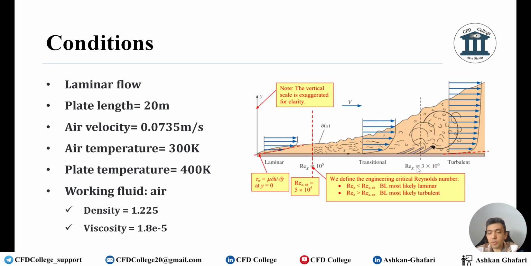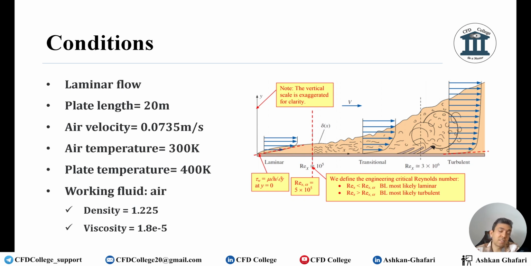If the Reynolds number is more than 3 million, we have turbulent flow. I know at the beginning of the plate, we will have a laminar region and a transitional region, but what can we do?